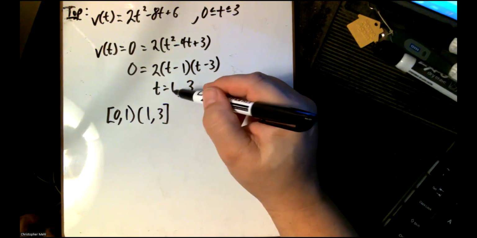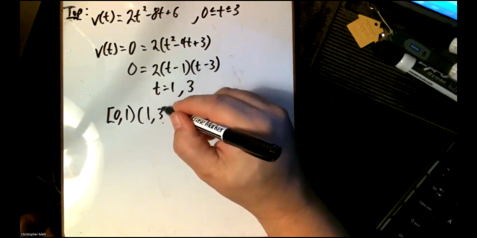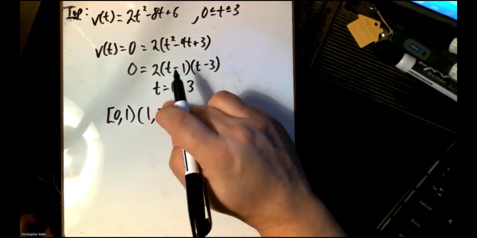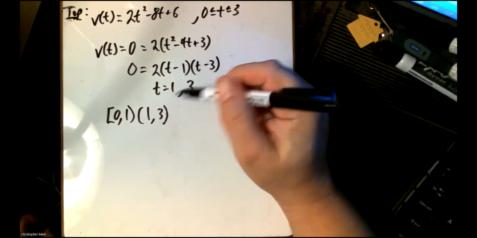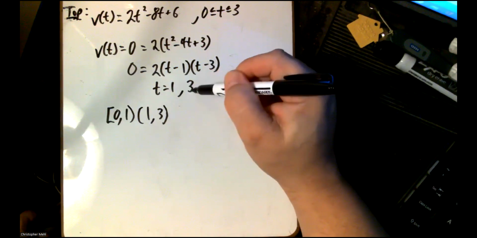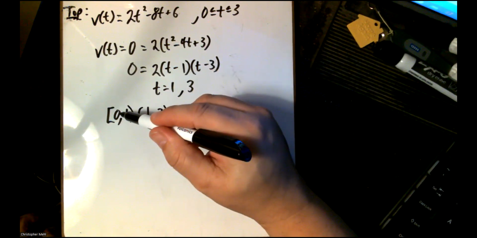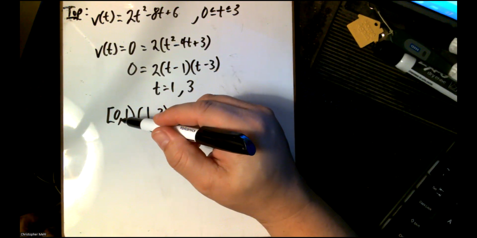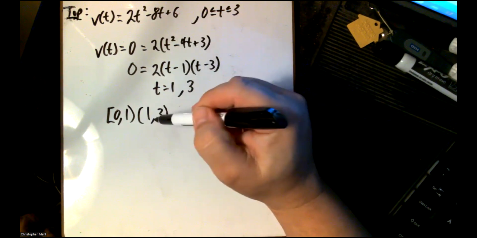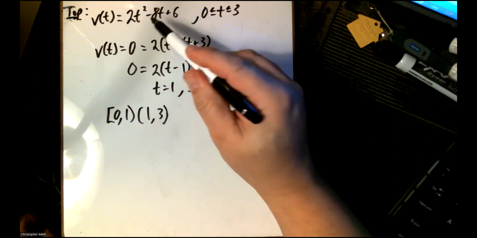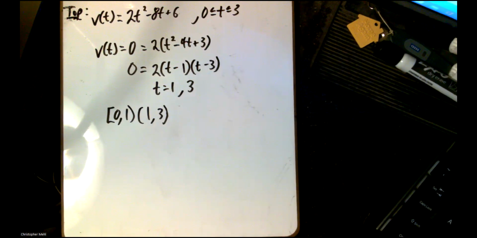I know it's 0 at 1 and 3. So on 0 to 1, I would just plug in, say, 0.5 into this. And then the next, I would plug in, say, 2 into here and see what I get.